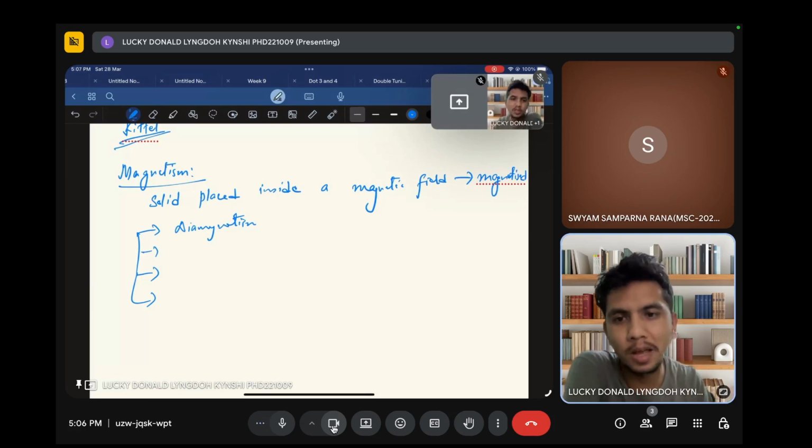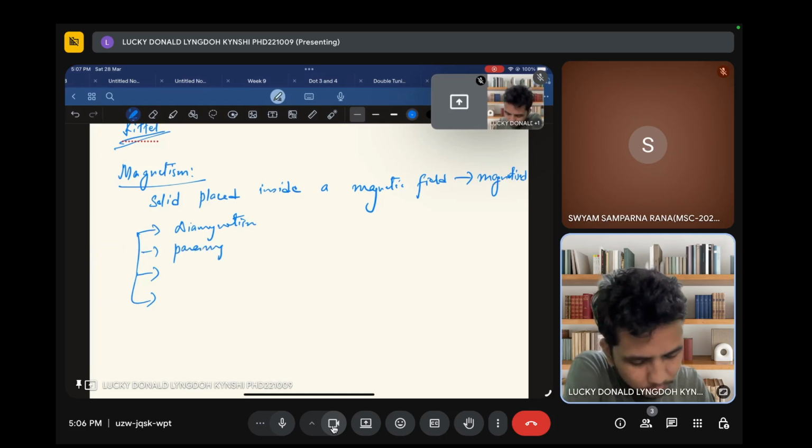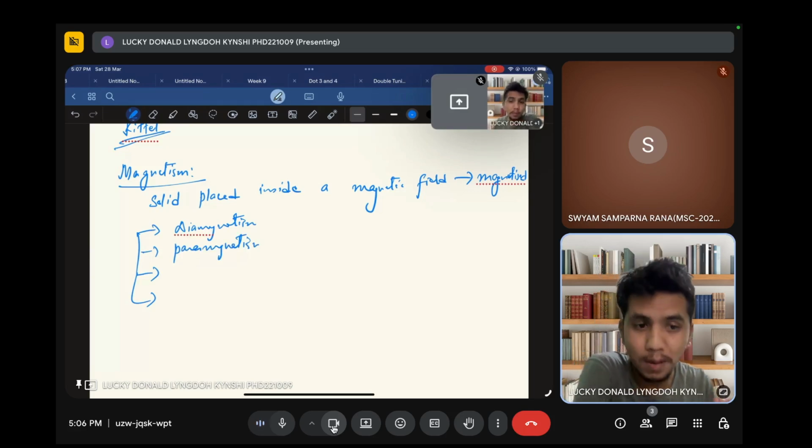The second is paramagnetism. Paramagnetic materials have permanent dipoles, but because of thermal energy, all these magnetic moments cancel one another. But if you apply a magnetic field, then certain dipoles align along the direction of the magnetic field, and the material gets magnetized.